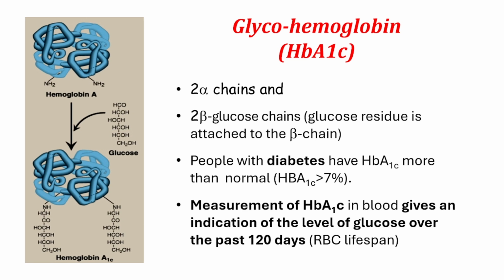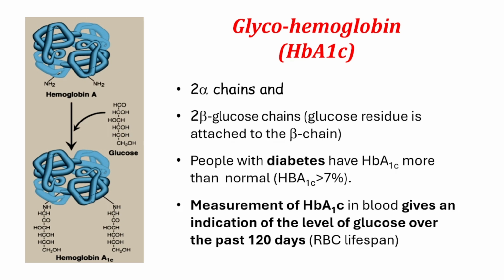So this HbA1c is the normal hemoglobin, but with glucose attached to it. So as much as you are eating glucose, as much glucose will bind to your hemoglobin, all right?